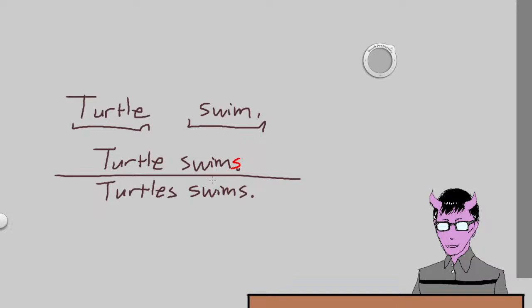And again, I wish a linguist was here to back me up on this, but I believe that because of the musicality of language, "turtles swims," that double S sound is disgusting or hard to say. So people ended up not putting this S. So "turtles swim" is much easier, at least in my opinion, to verbalize.